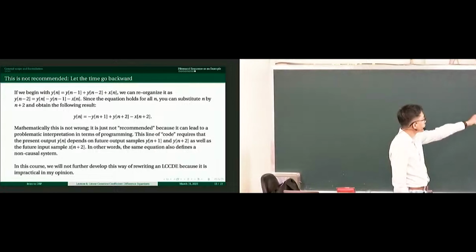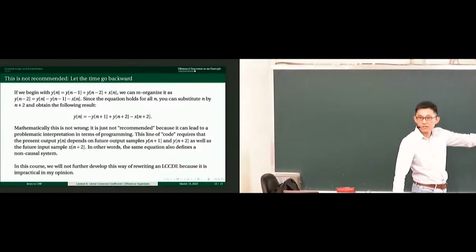So if it holds for all integers n, it should hold for n plus 2, right? Okay, so now evaluate this equation at the moment n plus 2. Just substitute n by n plus 2.